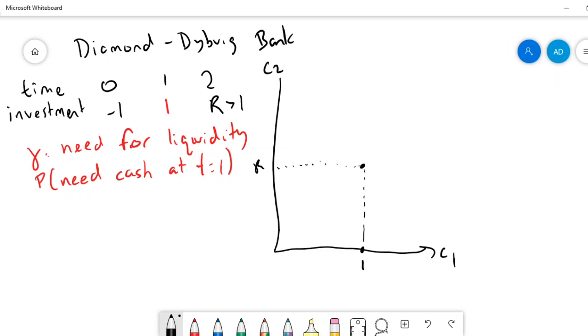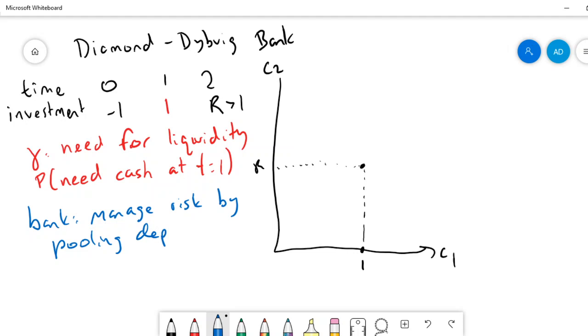So enter the bank. The bank in Diamond-Dybvig can manage risk, and the bank is going to manage risk by pooling deposits. The bank is basically going to say, look, if we take a whole bunch of people and jam them together, on average, gamma fraction of them are always going to need cash.